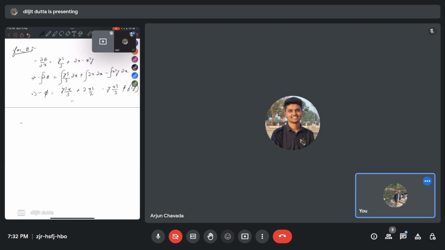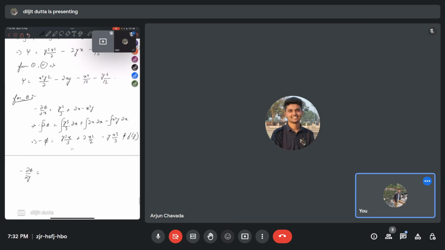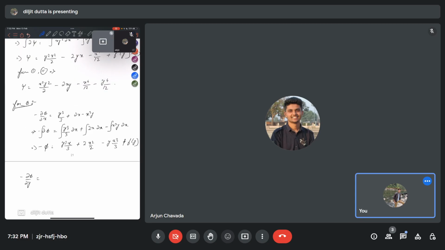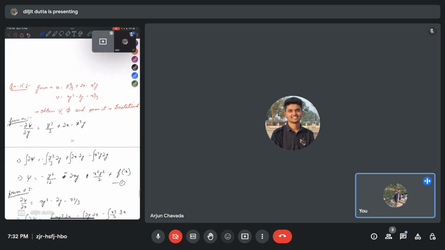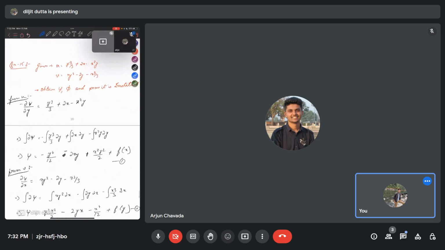Again minus of del phi by del y equals to, from the v equation we have to obtain that xy square minus 2y minus x cubed by 3.